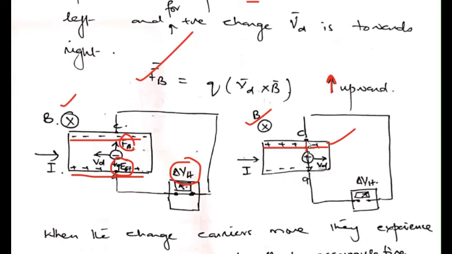The magnetic force they experience will again be in the upper direction. When they achieve balance between this magnetic force and electric force, no more accumulation takes place, and Hall voltage can be seen. The direction of Hall voltage for the two types of carriers is opposite to one another.